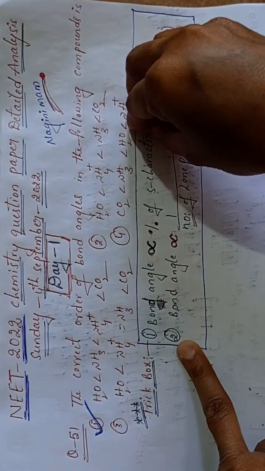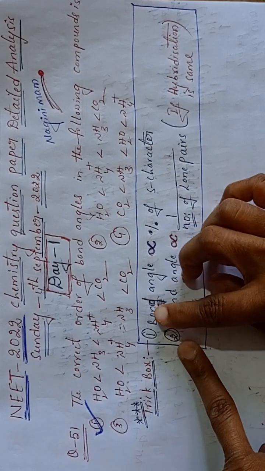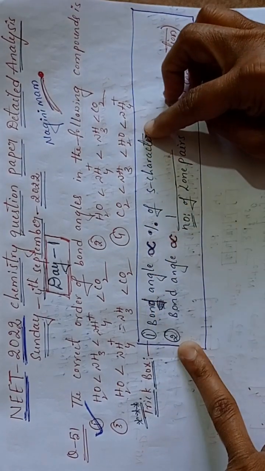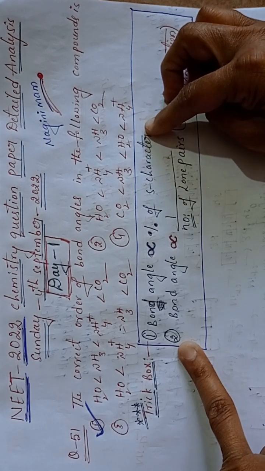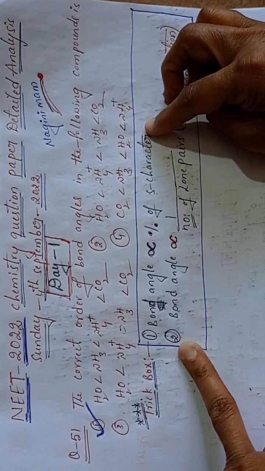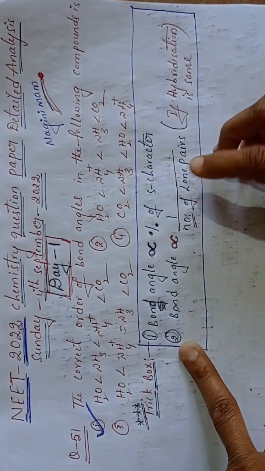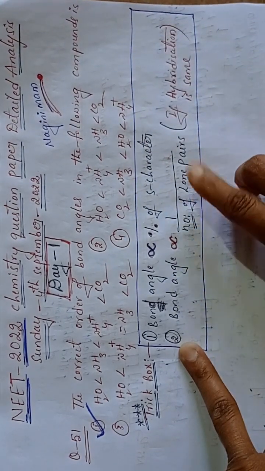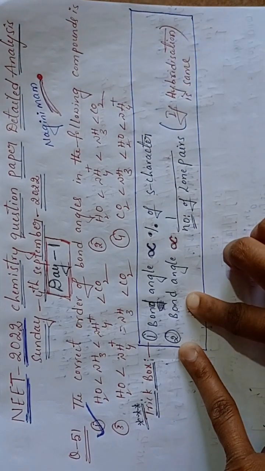If the hybridization of the four compounds is different, then you have to follow trick number 1. If the hybridization is the same for any 2 or 3 compounds, you have to follow trick number 2.